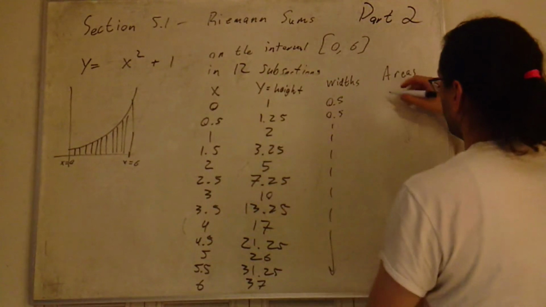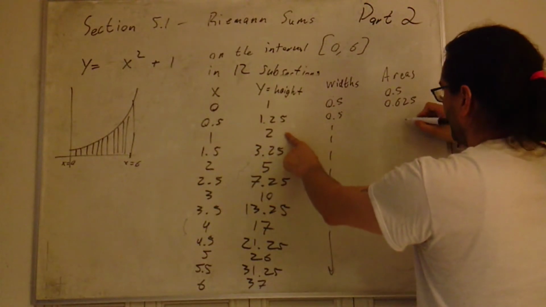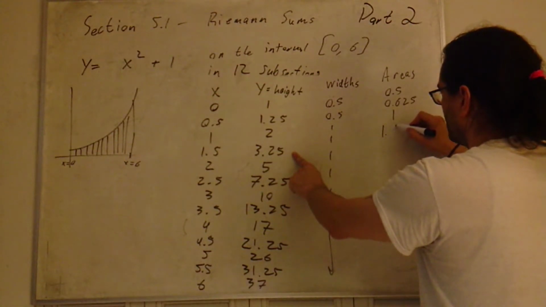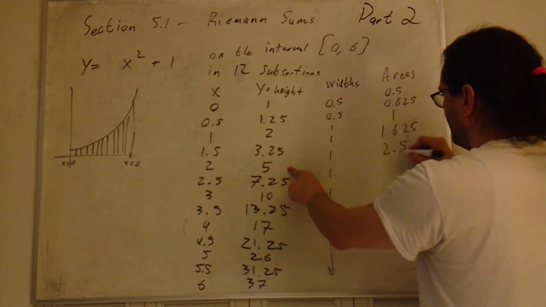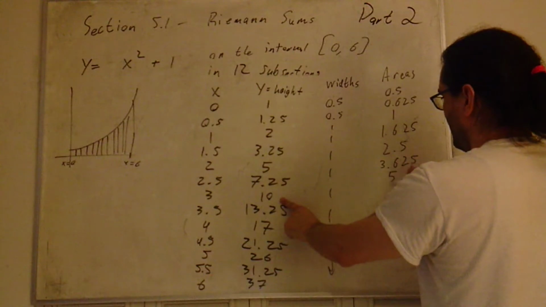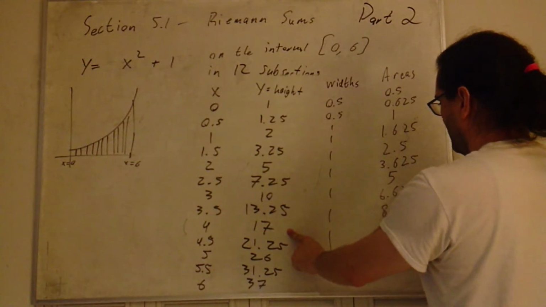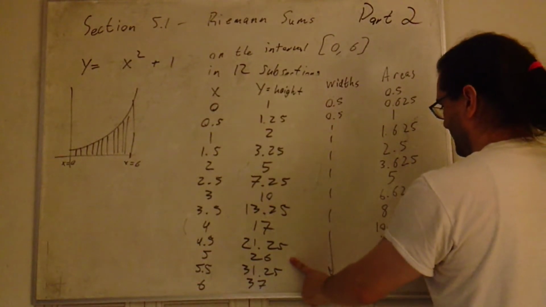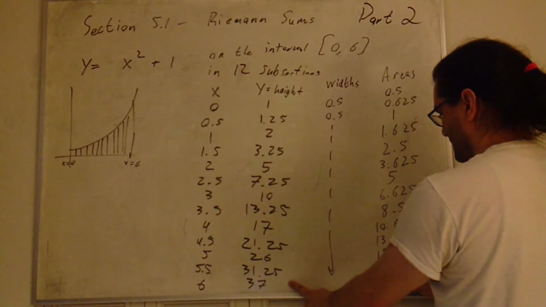So first area is going to be 0.5, then 0.625, then 1, then 1.625, then 2.5, then 3.625, then 5, then 6.625, then 8.5, then 10.625, then 13, then 15.625, and then 17.5.